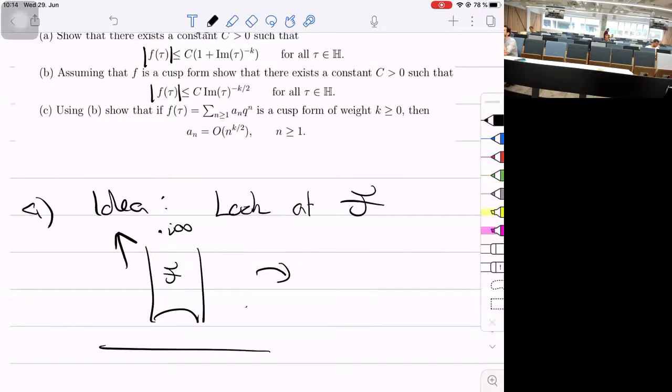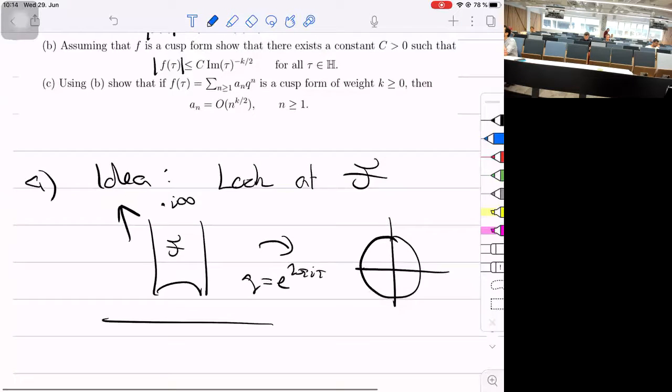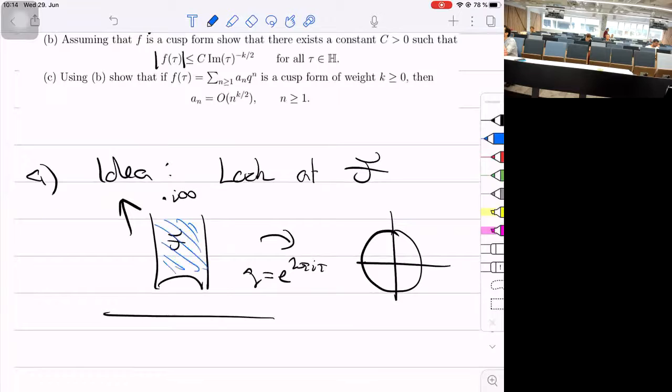Alternatively, if you think of a q-expansion, where q is equal to e to the 2 pi i tau, we're therefore in the picture with the unit circle for the upper half plane. This fundamental domain will be mapped inside some circle of radius less than 1.